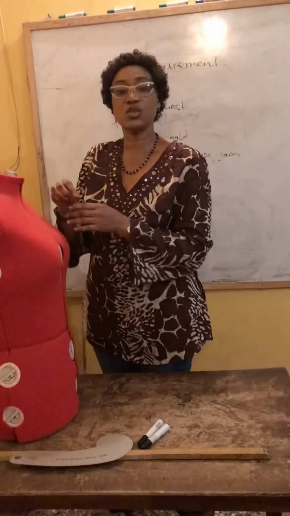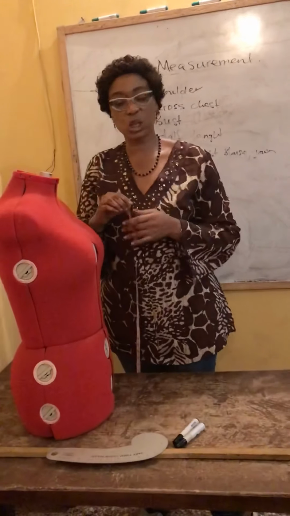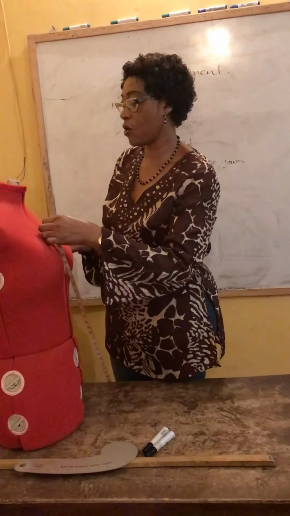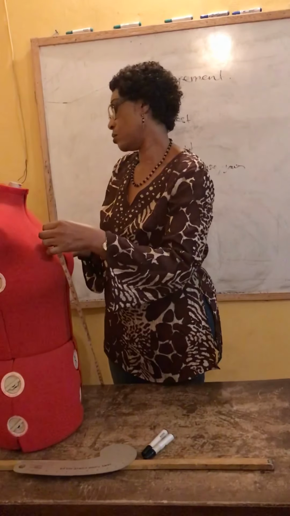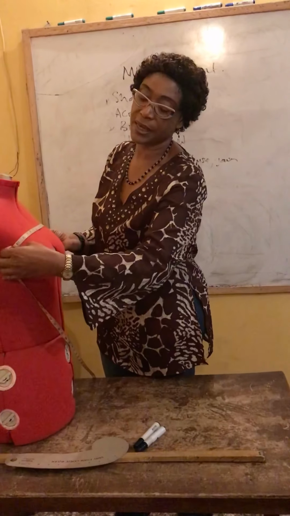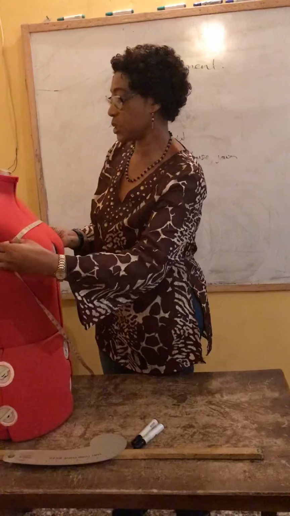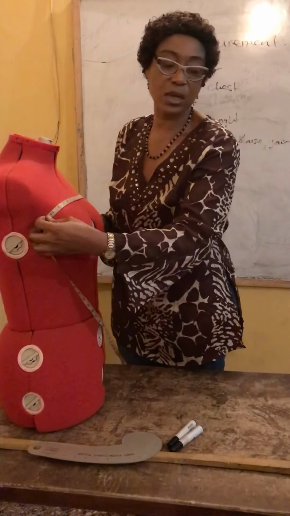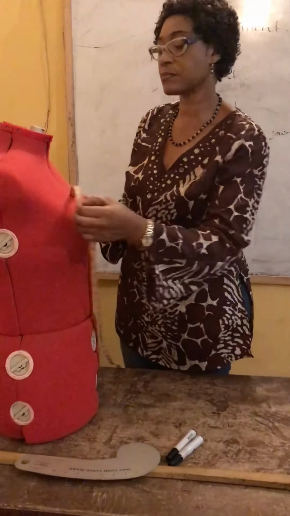But all the same, you can take your across chest for perfect shaping of your armhole. So your across chest comes from here, a little bit under your shoulder, down to the other end. And our across chest here is giving us 13. So that means my client's across chest is 13.